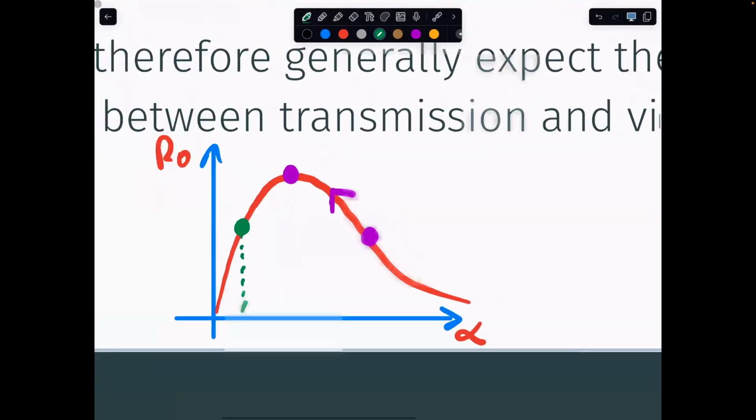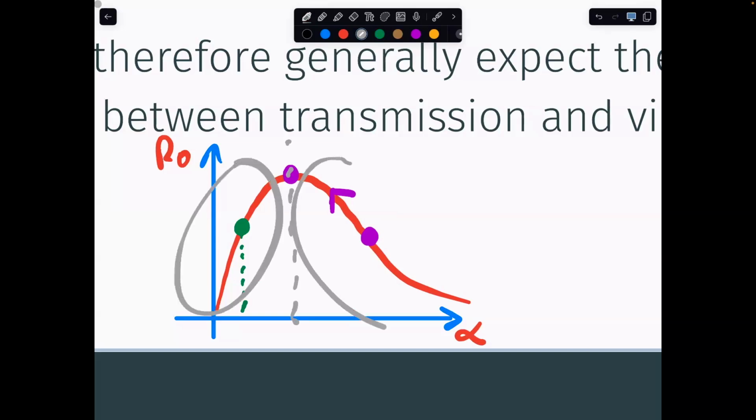If anyone's interested in economics, this is a little bit similar to the idea of a Laffer curve. Does anyone know about the Laffer curve? This is the idea that if you tax people and corporations at 0%, you get no tax revenue. If you tax them at 100%, no one's going to do anything, so you get zero tax revenue. Therefore, there should be some intermediate optimal level of taxation. Essentially, if we now switch this from R naught to taxation, people on the left side assume we're over here, and people on the right-hand side of politics assume we're over here.